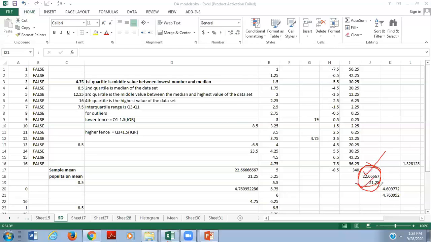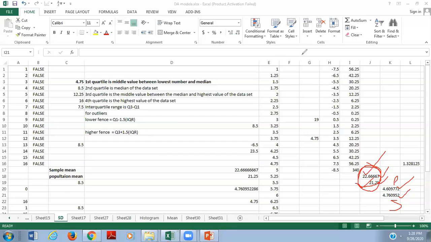The only thing is that we now have to take the square root. Square root this value also and square root this value also. And this is the square root of sample, and this is the square root of population. Sorry, this is the square root of population, and this is the square root of sample.